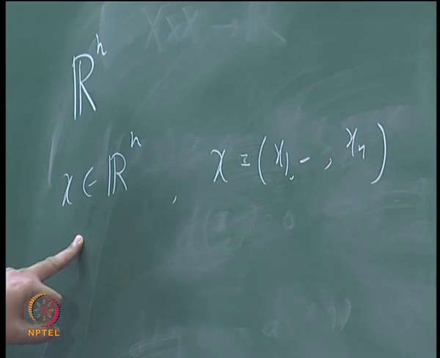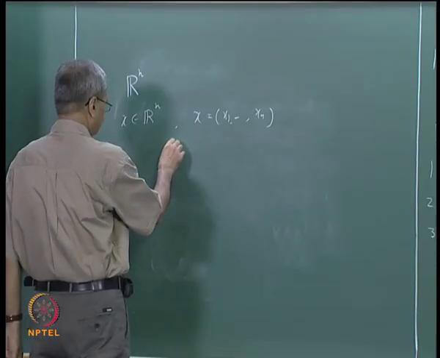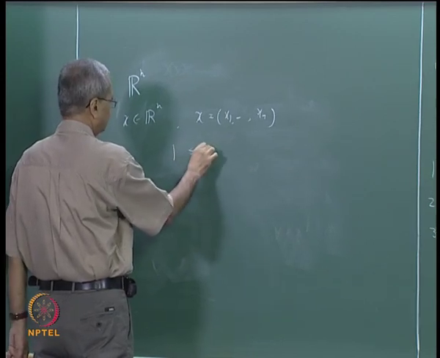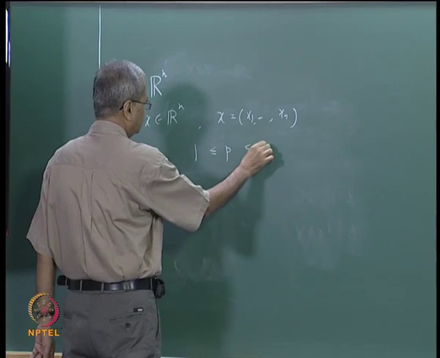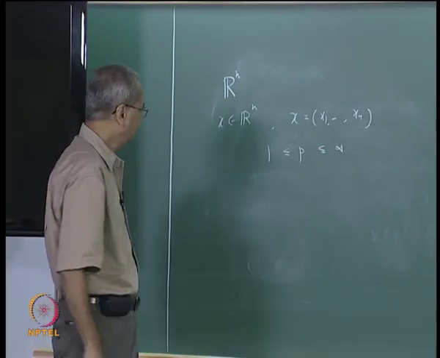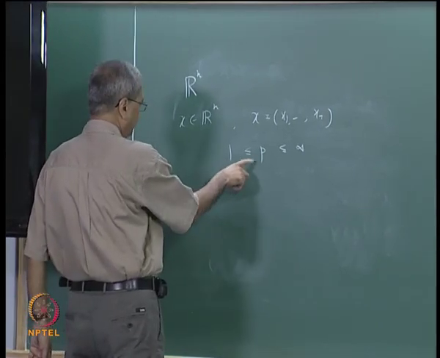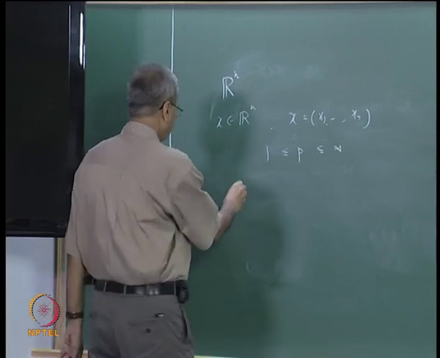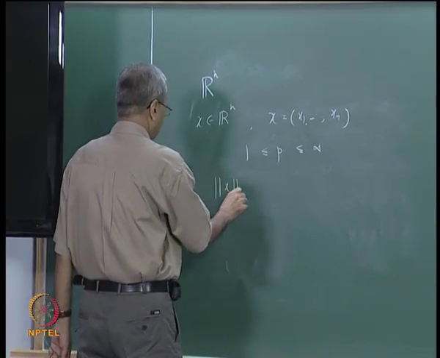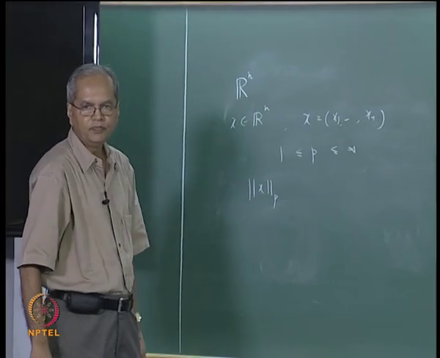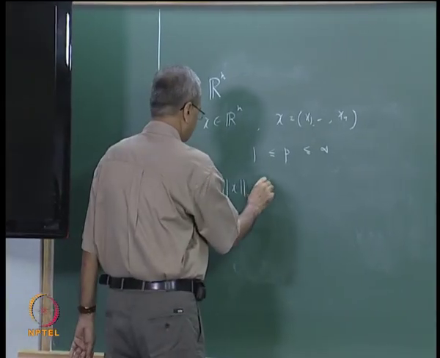To do that, let me take this number p, with 1 less than or equal to p less than or equal to infinity. I will define a norm depending on this number p. Norm of x, I will call it norm suffix p, and this is defined as follows.